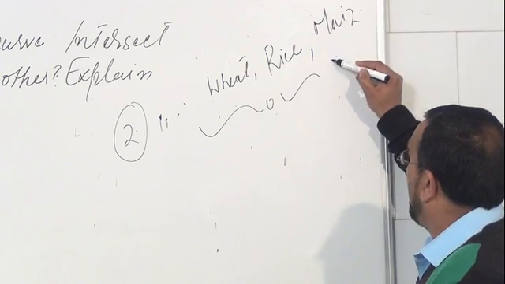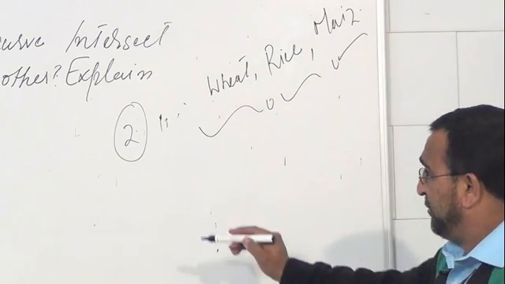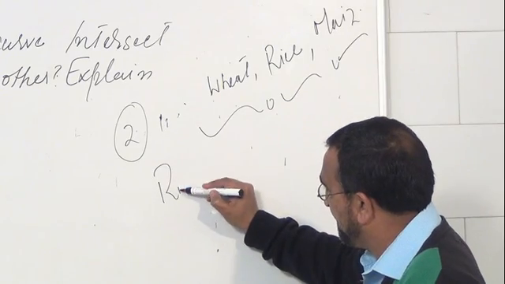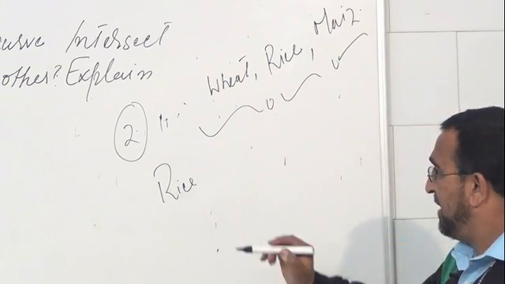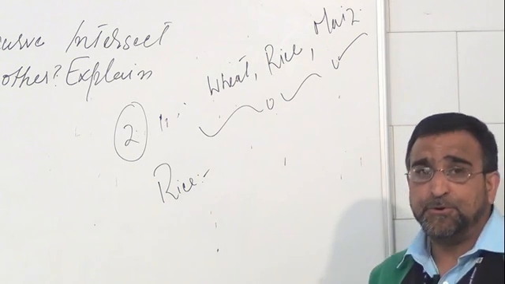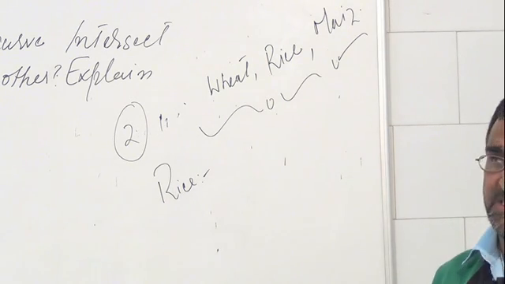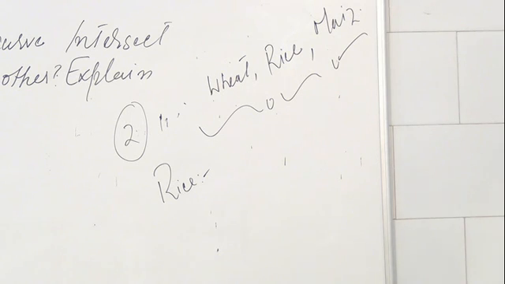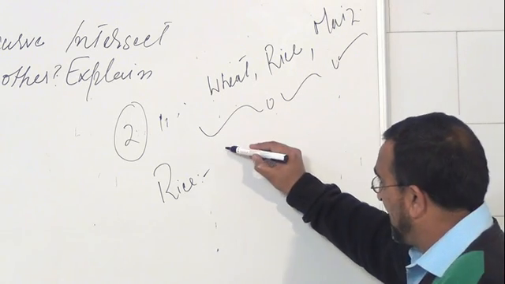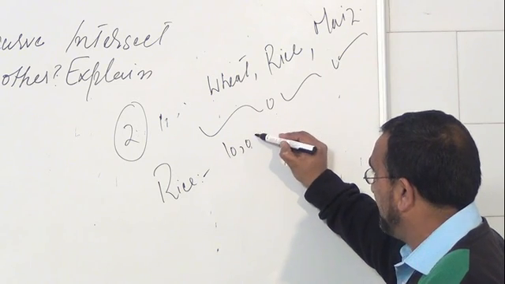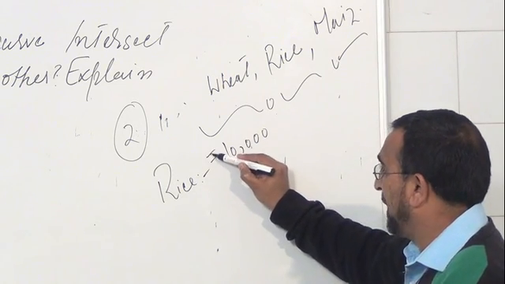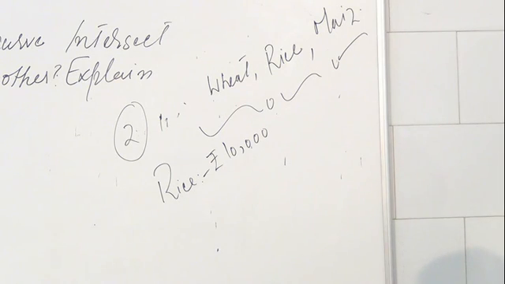If now the farmer has decided to produce rice, when he produces rice on this land, the total income generated, say, is equal to rupees 10,000.